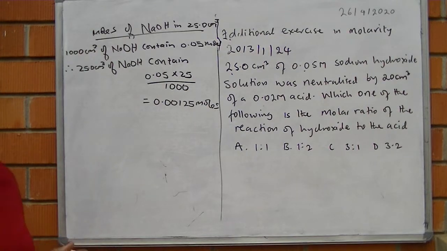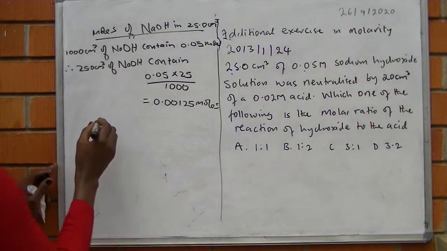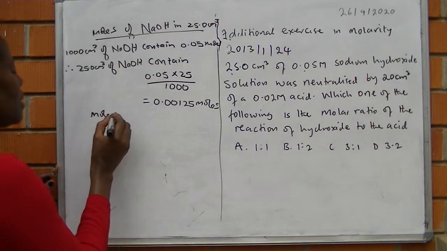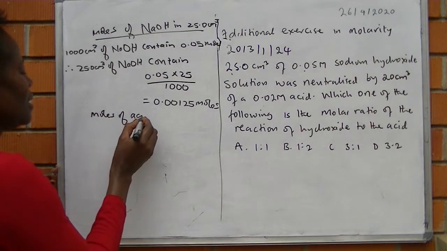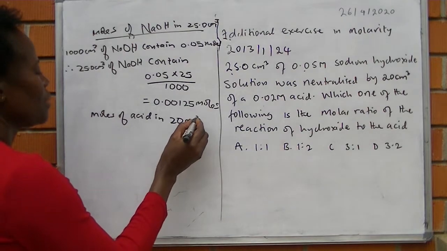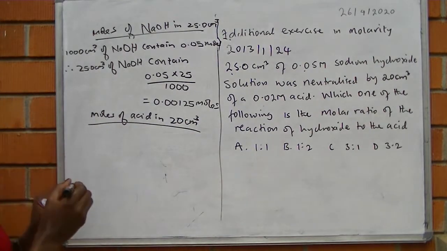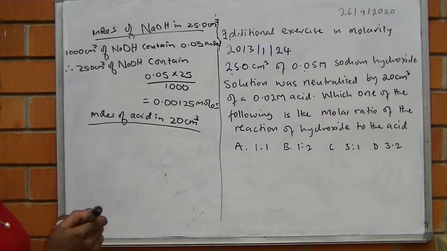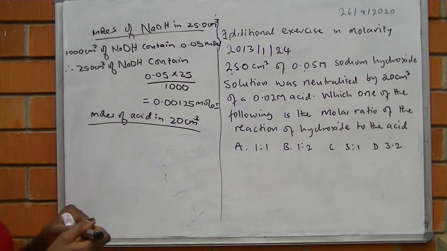Similarly, we go and obtain the moles of the acid that are contained in 20 cubic centimeters. So moles of the acid in 20 cubic centimeters. Capital M, to remind you, means molarity, which is 1,000 cubic centimeters containing those moles.